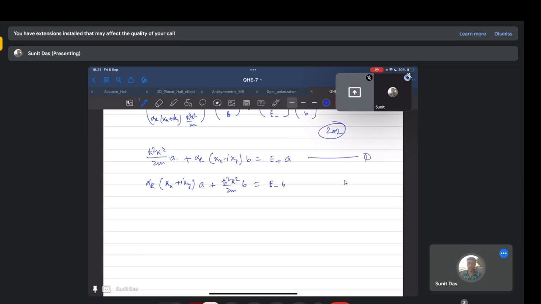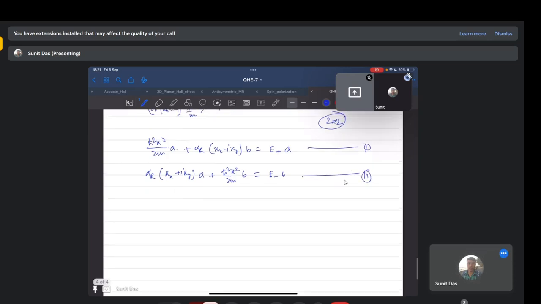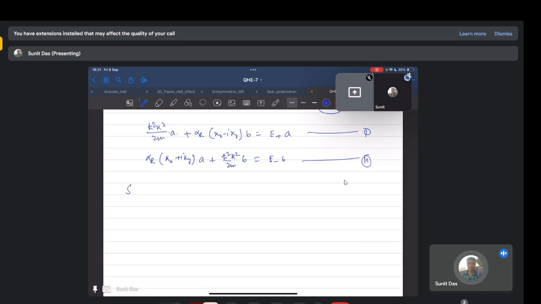So this is equation 1 and this is equation 2. Now we need to solve equations 1 and 2 for a and b.